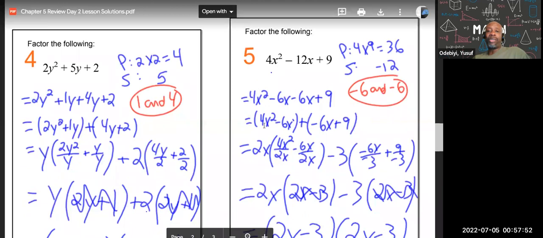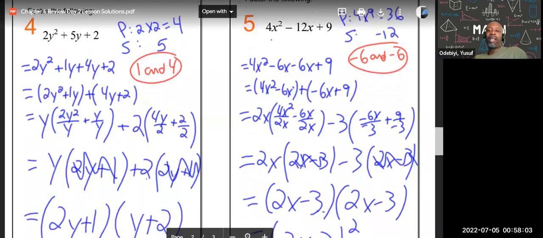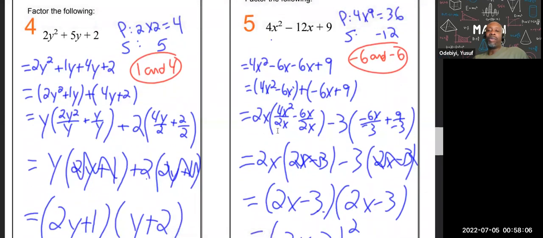So you go through the same process here, where you do the grouping, and then you factor out in the groups, like we showed you there. And then you divide each one out. I don't know why you scratched that. That's actually correct, right? So 2x, and then over here you're going to have 2x minus 3.